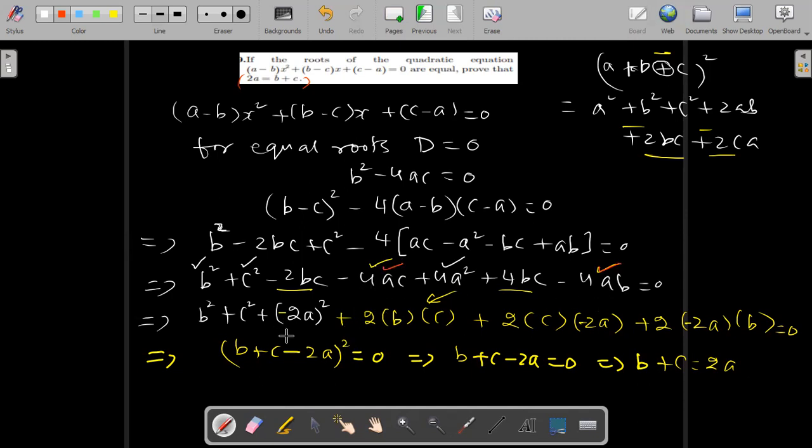So for term a, whatever square we are taking, that should be negative. Then you can use this formula directly, plus 2ab plus 2bc plus 2ca, and then you can go back to check that 2bc is coming. Yes, 4ac is coming, and 4ab is coming. Okay, then you can use this formula whole square. Okay, thank you.